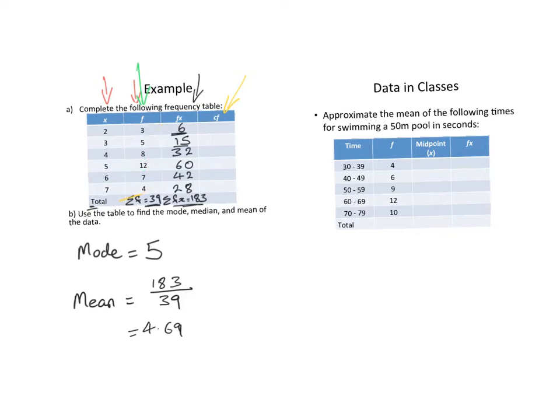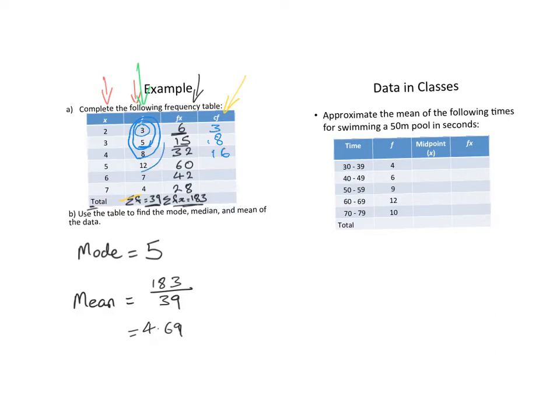Okay, so cumulative frequency, what's that? You should have looked at it in your term, but let's have a look. For the first one, it's just the same as the frequency. But for the next one, you add up the frequency for that row plus all the previous ones, so that's 8, 5 plus 3. For the next one, you add up that one and all the previous ones, so that's 3 plus 5 plus 8, which is 16, and so forth.